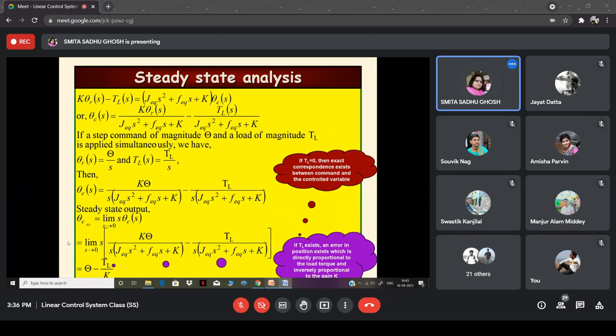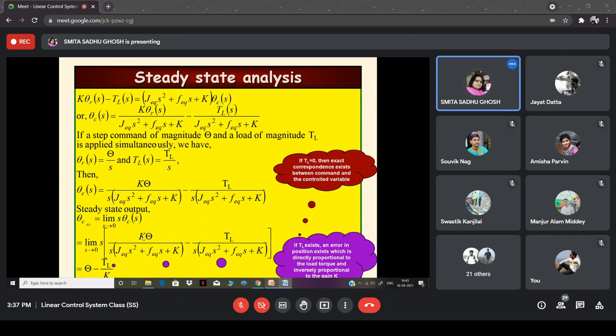So theta_c in the steady state is going to be given by, again applying the final value theorem, limit of s theta_c(s) as s tends to 0. So that is what we have to do. Theta_c(s) we have over here. So putting the entire theta_c(s) over here, and then taking the limit as s tends to 0 for s into theta_c(s), if you evaluate that expression, you see s and s cancel out.